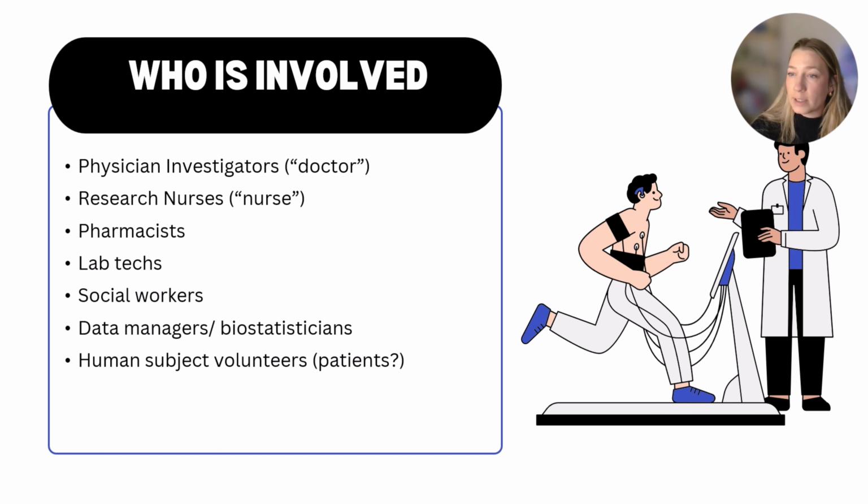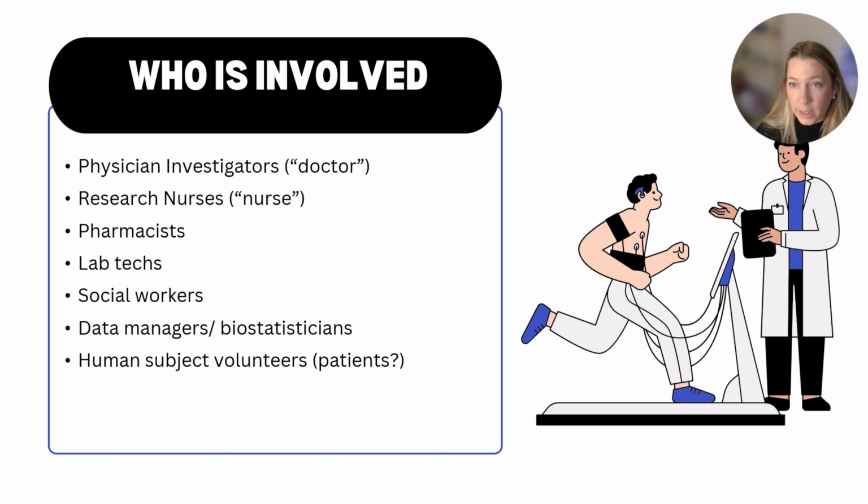You also have pharmacists, lab technicians, or social workers, and those individuals are involved in more of a support aspect in the trial. You'll have data managers and biostatisticians who handle the data analysis, because at the end of the day, this is research. We are collecting data on the effect of what we are doing, and we need individuals who will analyze and interpret that data for us.